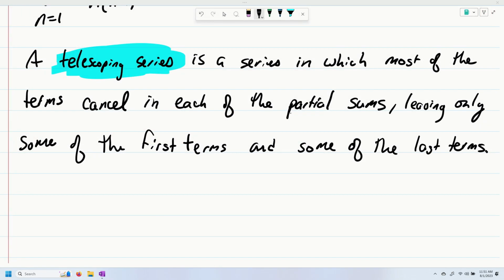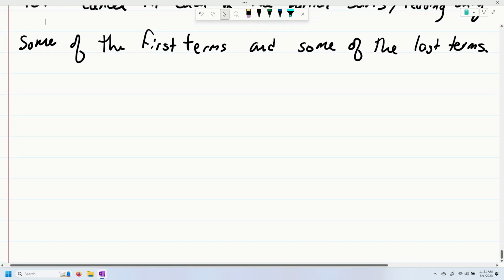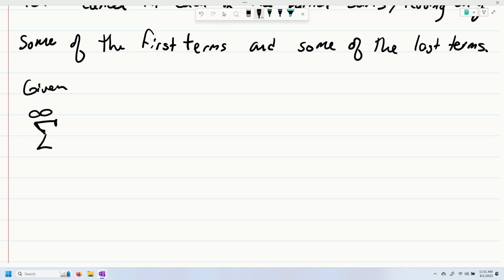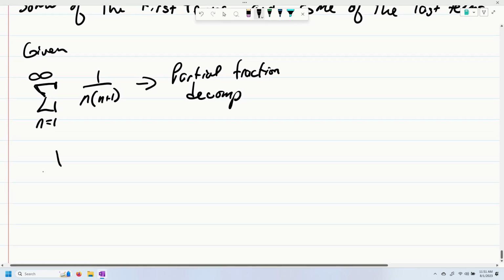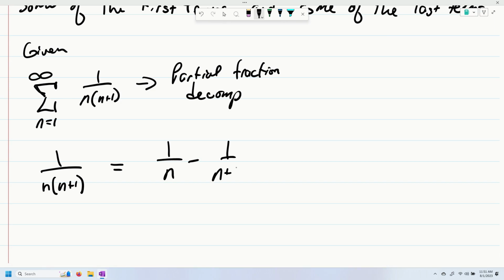So what does this actually look like? Well, given the series that we worked with earlier, let's see what happens with this. If I use partial fraction decomposition here, what you end up getting is the following: 1 over n times the quantity n plus 1, its partial fraction decomposition, is 1 over n minus 1 over n plus 1.